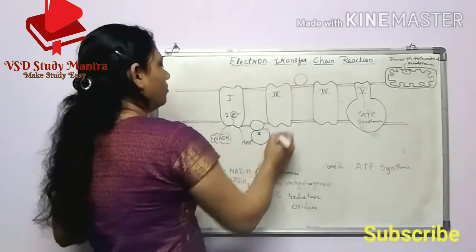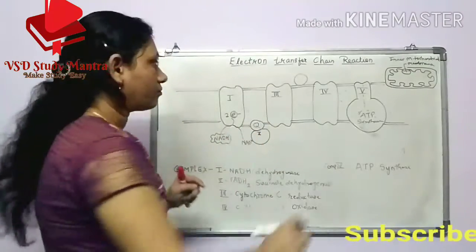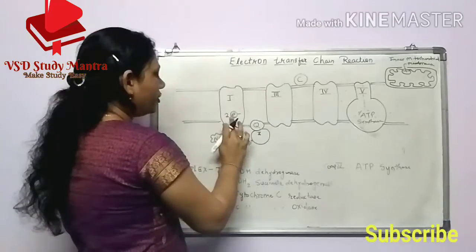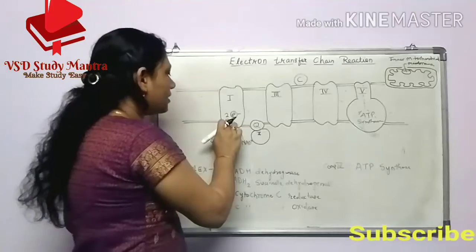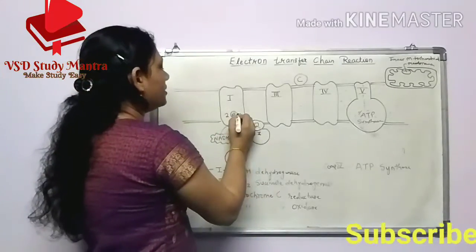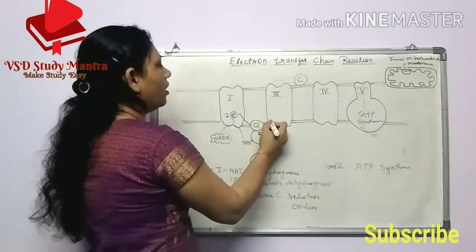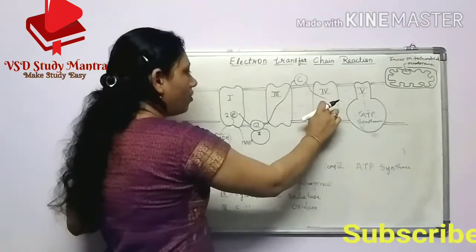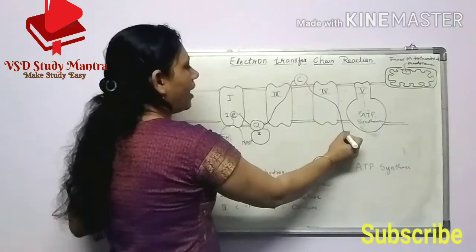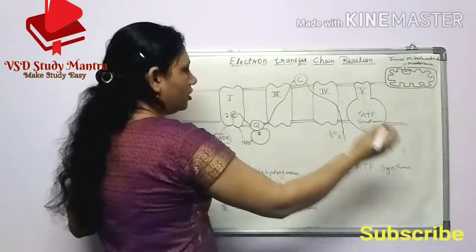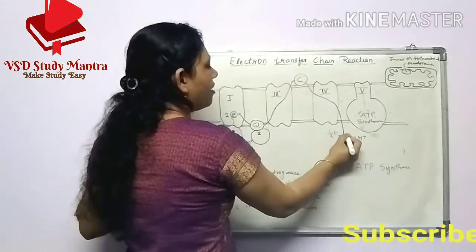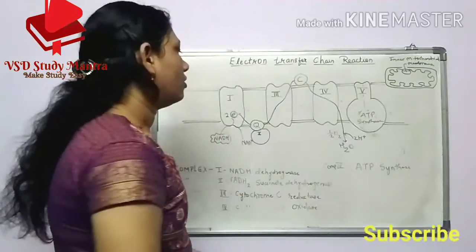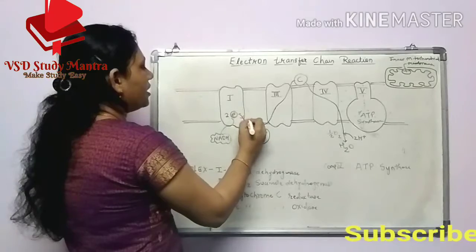Here also it is cytochrome Q and here it is cytochrome C. These electrons are passed from coenzyme Q to complex III, to cytochrome C, and to the cytochrome oxidase complex 4, and they are accepted by oxygen, and this oxygen combines with a pair of protons to give H2O, that is water.